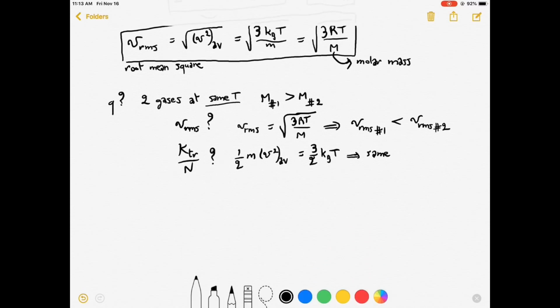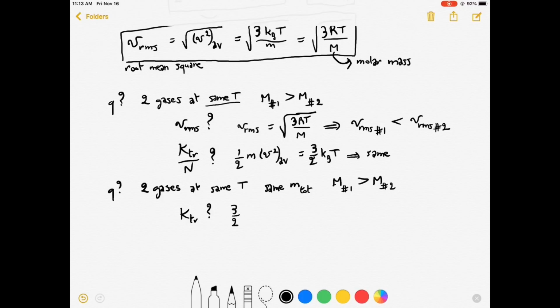Now, let's try another question. Let's say that you still have two gases at the same temperature, and they have the same total mass, but the molecules in gas number 1 again have a larger molar mass than the molecules in gas number 2. What happens to the total translational kinetic energy, the average translational kinetic energy for the entire gas?